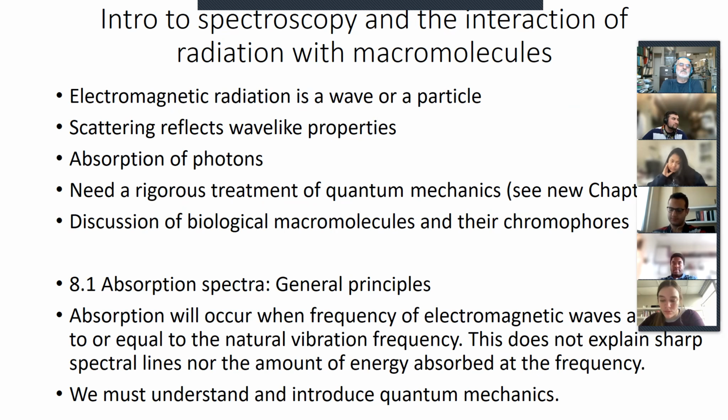And the rules of that scattering come up in a light scattering lecture that we probably don't have time to go over today, or in this block, in this course. But basically, the scattering of light reflects a property of light that is wave-like.